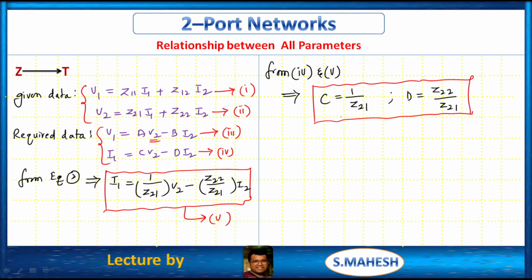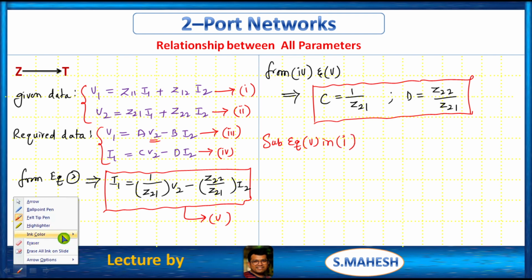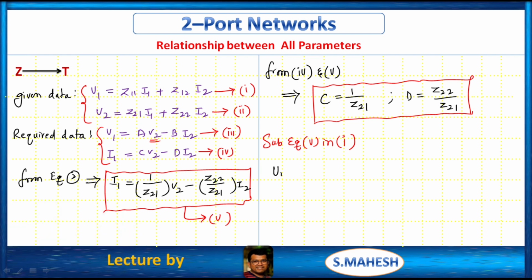Next, we have to substitute this equation for I1 in equation 1. Substitute equation 5 in 1. What is equation 1? V1 is Z11 I1, which is Z11 into 1 by Z21 into V2 minus Z22 by Z21 into I2, then plus Z12 I2.